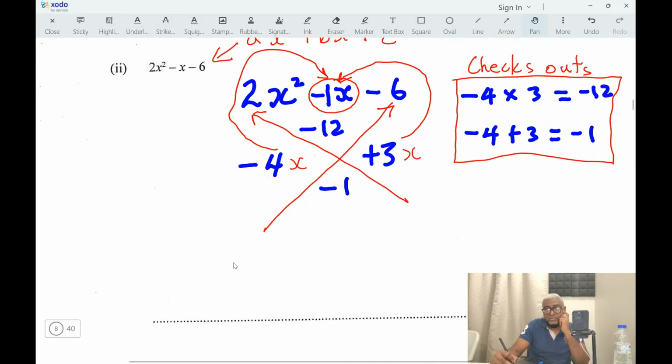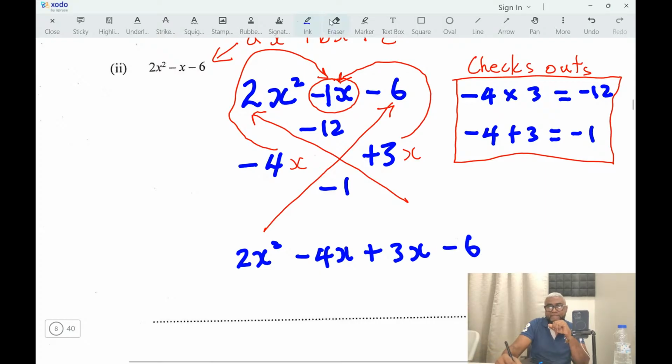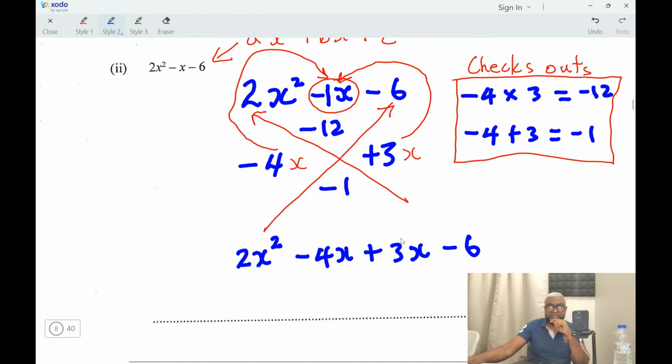So the question becomes 2x squared minus 4x plus 3x minus 6, right? Okay, minus 6. So I have a 4-term algebraic expression now.